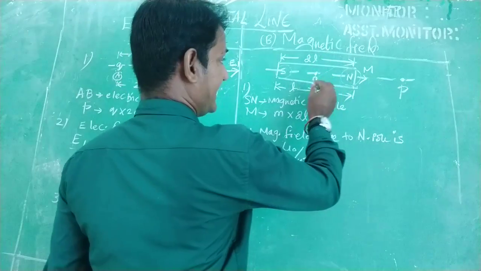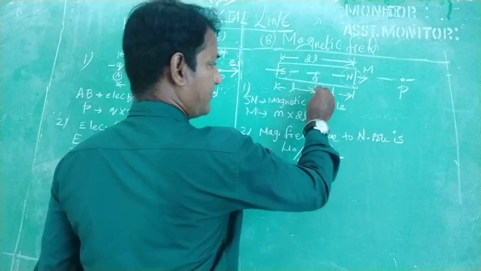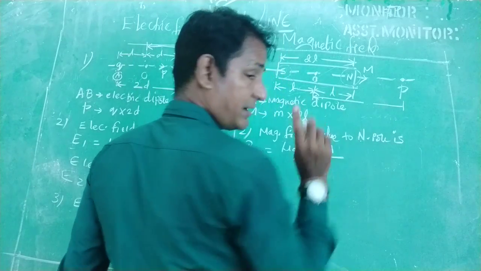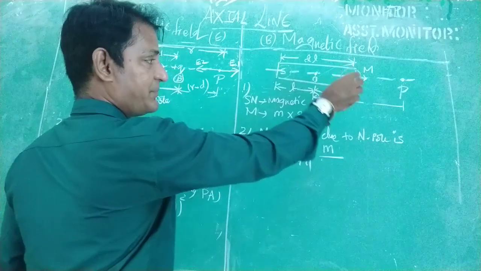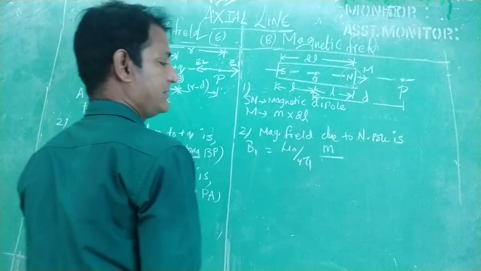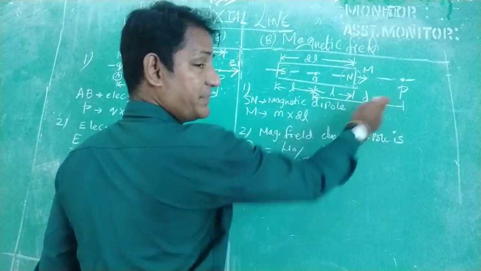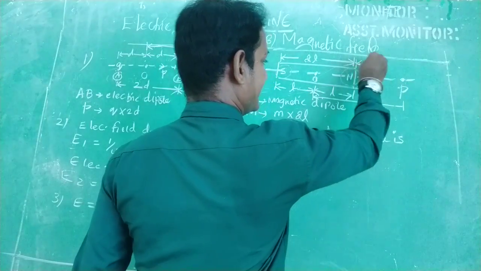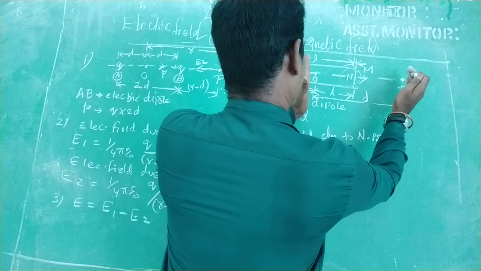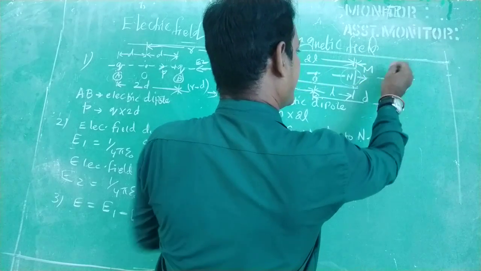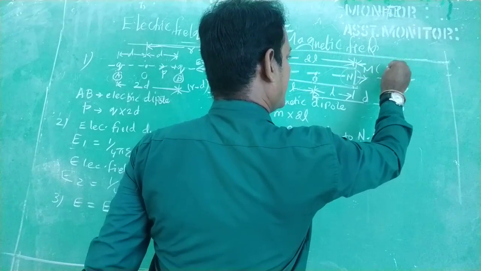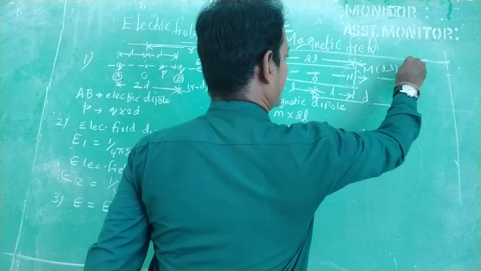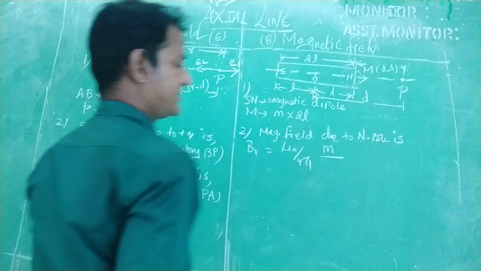Here I am going to take the distance between the center point O and P as d, so this is L, 2L, and this is d. So the distance between O and P is taken as d. Then the distance between the north pole and the point P is d minus L, the whole square.